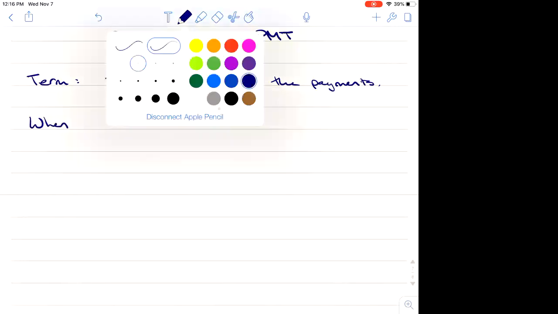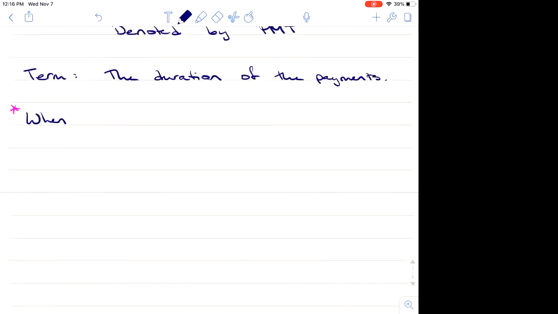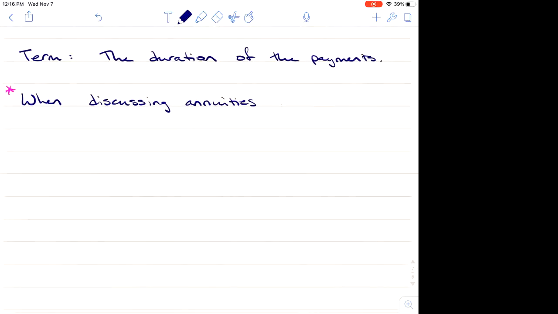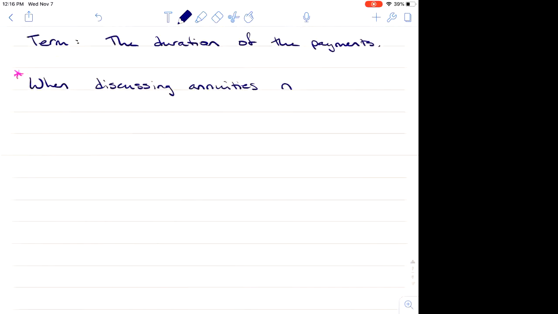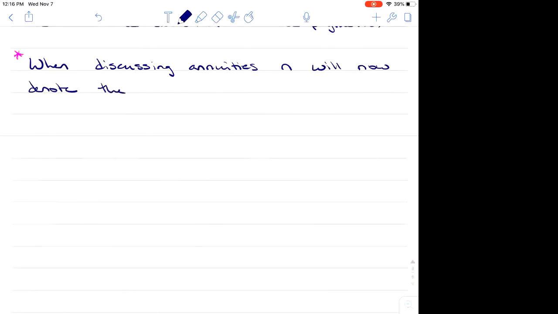I'll put a little star here. So when discussing annuities, N will now denote the number of payments.